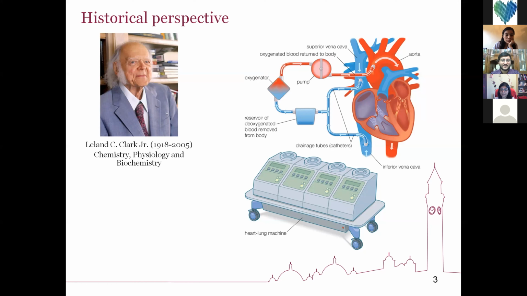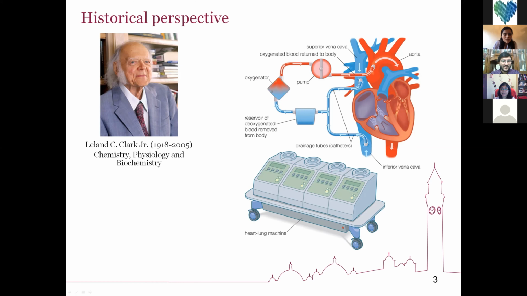These heart-lung machines were very useful in open heart surgeries. What this machine does is it takes the deoxygenated blood, oxygenates it, and then pumps it back to the body. So it takes over the role of the heart and lung during the surgery.